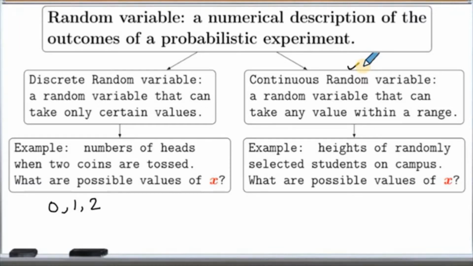For x, we can have any number between 60 and 70. For instance, a student can be 65.2 inches tall, another can be 65.7 inches tall. Therefore, we have infinitely many possibilities of x.